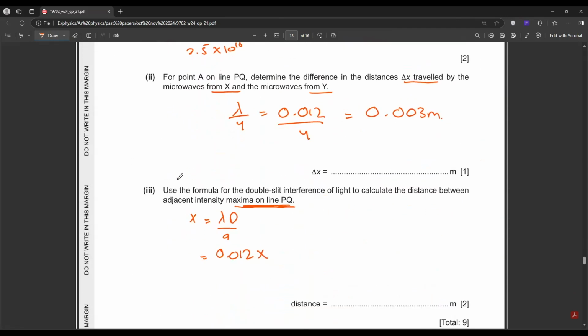So 2.3 and 0.18. I hope we calculated correctly. 2.3 divided by 0.18. The answer comes out to be 0.15 meters. Simple as that, nothing complicated here.